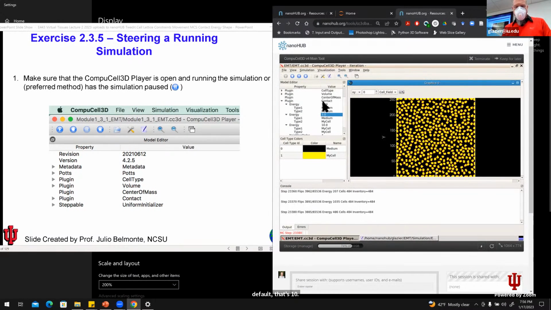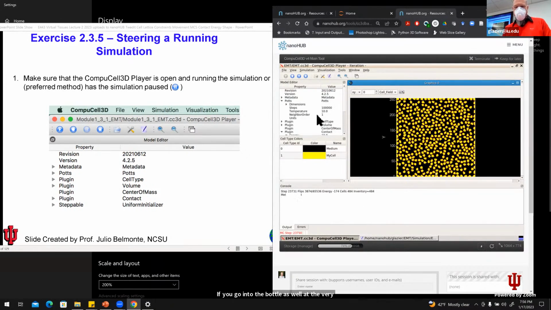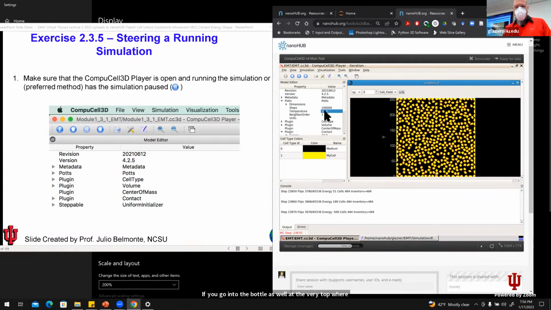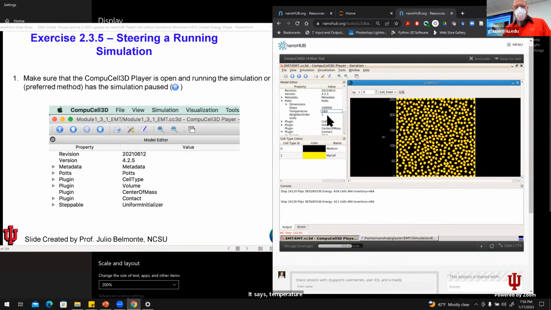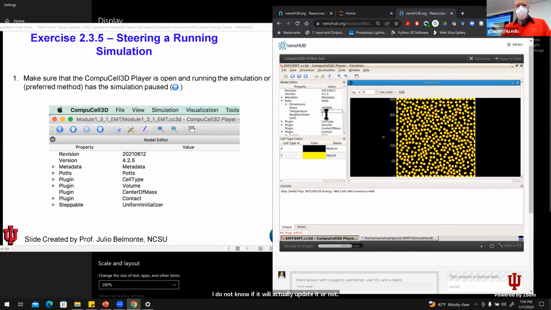If you go into the model editor, at the very top where it says Potts, it says temperature here. And in principle, I can go in and I can change that number. I do not know if it will actually update it or not. So let's try it. I'm going to go into my model editor.